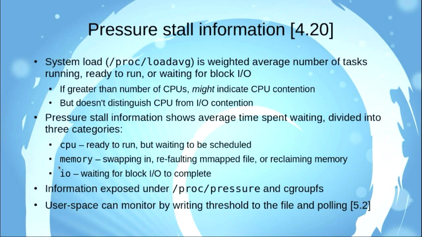This information will be exposed under /proc/pressure and also for each cgroup through cgroupfs. User space can also monitor for specific levels of contention by opening the file, writing a threshold to it, and then polling.